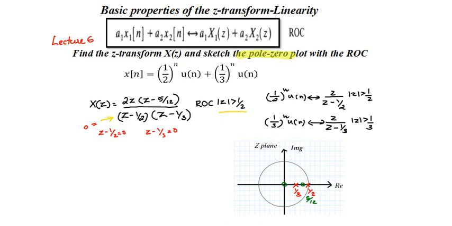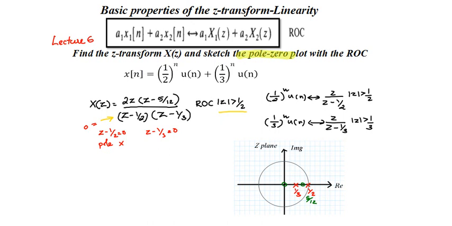So if we equate this, you will get two poles actually. Poles are indicated by the cross symbol. So in the z plane you can mark the poles. Here one pole is at z is equal to 1 by 2, okay, and another pole is at z is equal to 1 by 3. So we got two poles, okay.